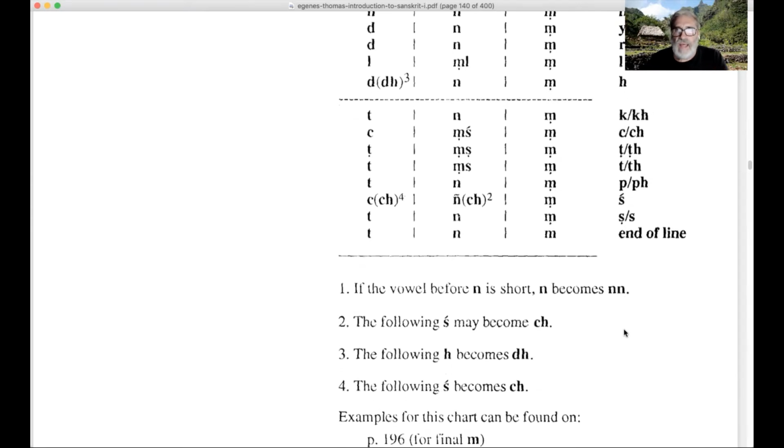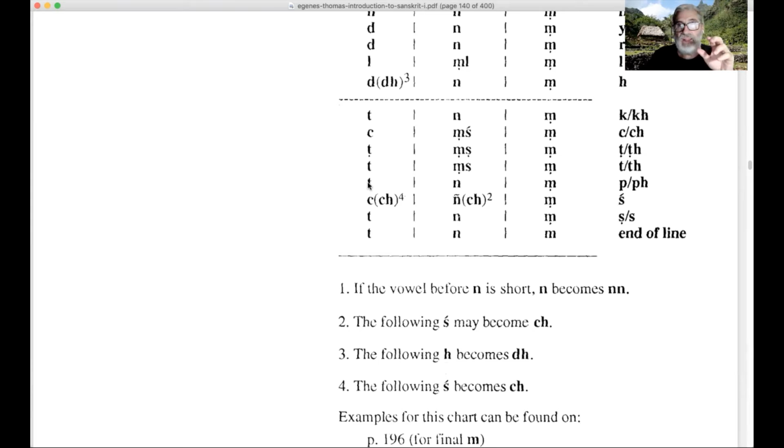Okay, so now we have a dental T followed by, again, this palatal S for the acute accent. Well, the dental T turns to a C. Why C? Because C represents the same part of the same vertical column, right?